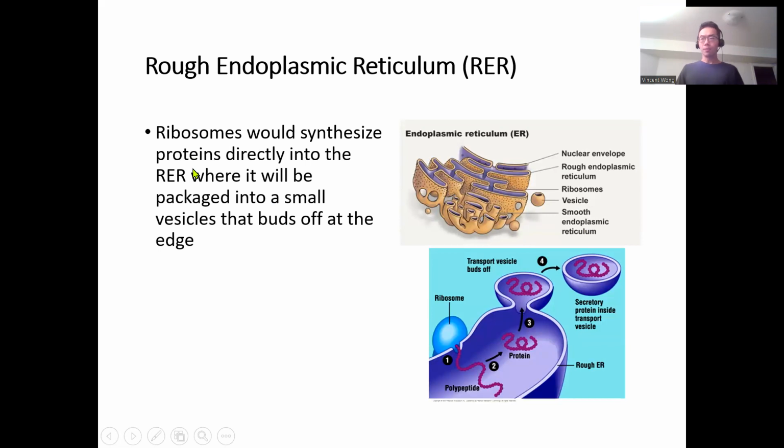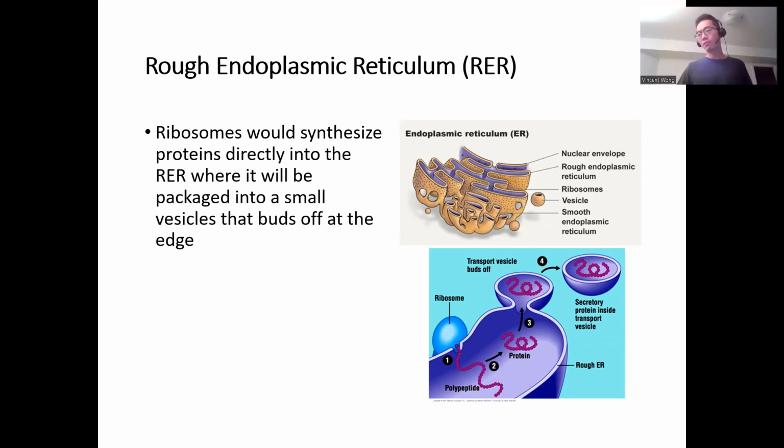The ribosomes will actually synthesize the protein directly into the inside of the rough ER. And then it's going to get packaged into a vesicle, which will then pinch off from the rough ER.